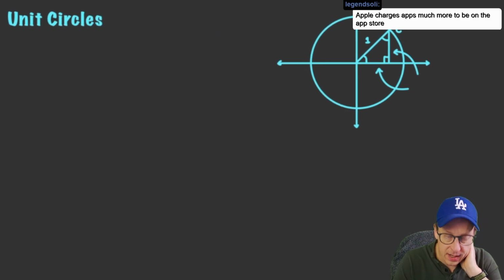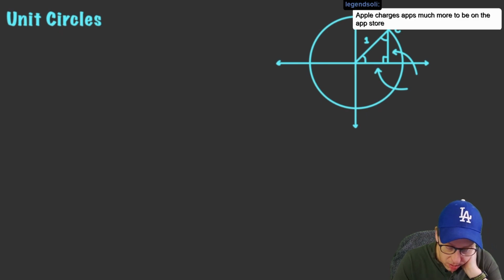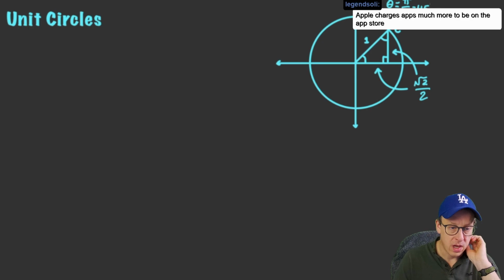In this circumstance, theta is going to be equal to pi over 4, or 45 degrees, exactly like that. And these two sides that we have here are going to be equal to the square root of 2 over 2. I think that covers the basics of unit circles.